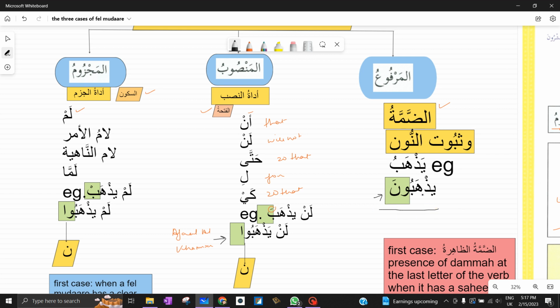Because in afalul khamsa you cannot put the dhamma or anything because of the last letter waw and noon. It does not carry the haraka dhamma, but instead this presence of noon tells you that yes, it is in marfu case. This rule is for afalul khamsa.